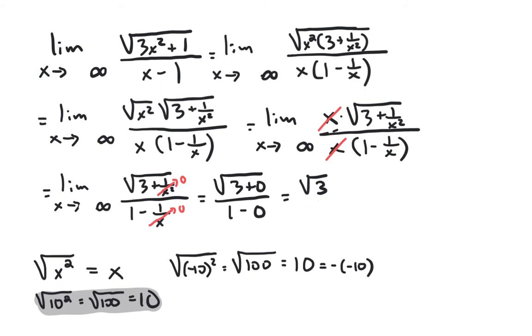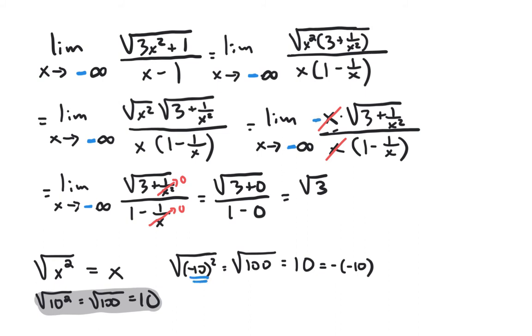But let's think about what happens as we approach negative infinity. Well, all of this work is going to stay the same. Let me write in my negatives here. There's only one spot that'll be a little bit different. And it's this argument that I was talking about here. When we're taking the square root of x squared and we're putting in negative values, well, then we're going to get a negative x here instead.